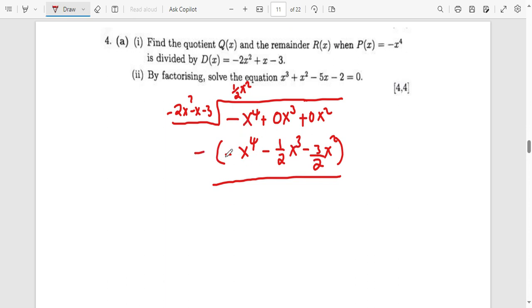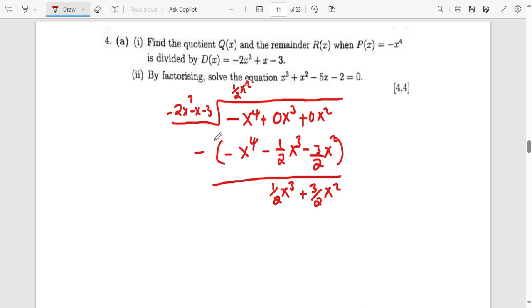Negative x to the power 4 minus negative x to the power 4 is going to be 0. 0x to the power 3 minus negative half x to the power 3 will be positive half x to the power 3. 0x squared minus negative 3 over 2x squared will be positive 3 over 2 x squared.